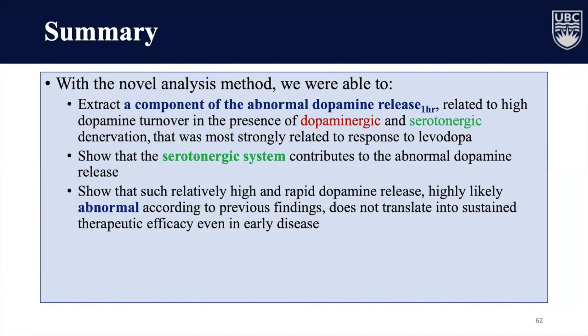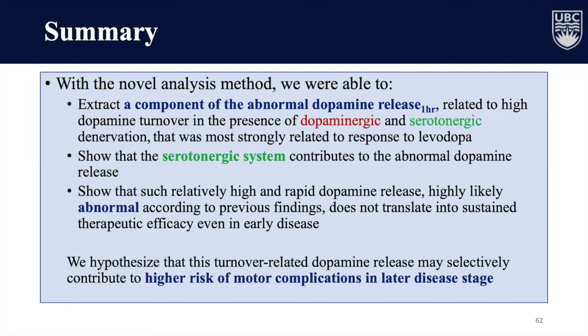We also show that the relatively high and rapid dopamine release, highly likely abnormal according to previous findings, does not translate to sustained therapeutic efficiency even in early disease. And we hypothesize that this turnover-related dopamine release may selectively contribute to higher risk of motor complications in later disease stage. And we're currently following all 18 PD subjects clinically and with follow-up imaging to test this hypothesis.